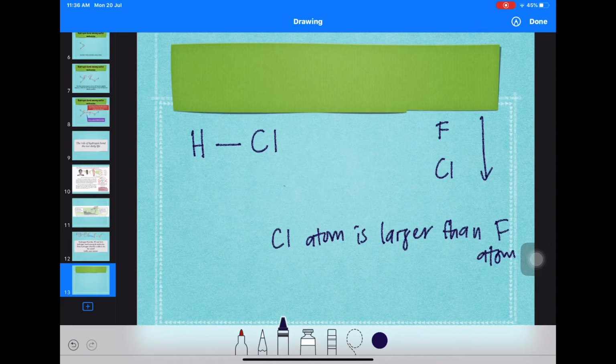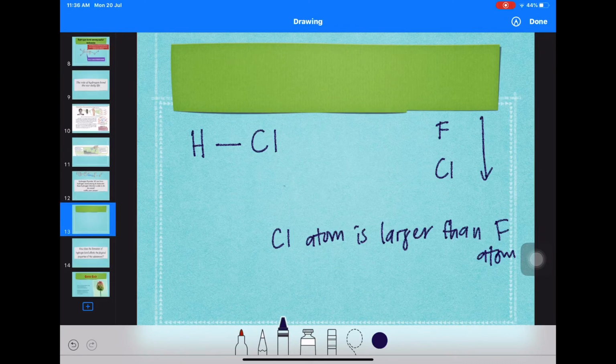What does it mean? The electron density in fluorine is higher than in chlorine. We can say that the electronegativity of chlorine is not that significant for the hydrogen bond to occur, also because of the electron density. So that's why hydrogen chloride is not able to form hydrogen bonds like hydrogen fluoride. So that's the answer for that question.